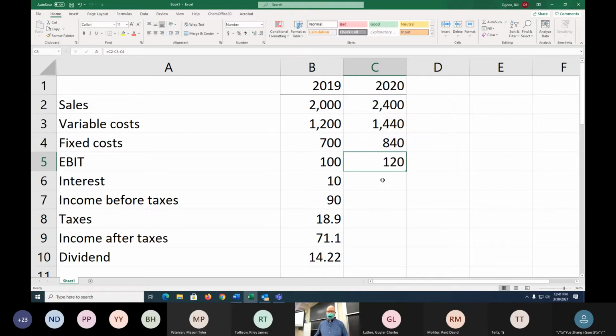All right. Interest. Well, at this point, since we don't know how much additional borrowing we will be doing, we'll keep this exactly as it is.